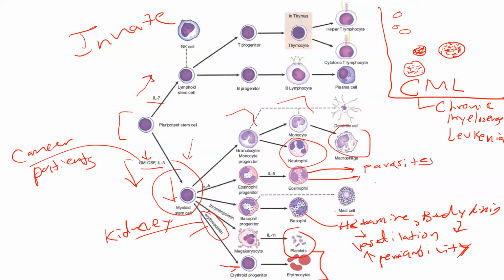It also fights fungus. When you have disseminated fungal infections, fungal pneumonias like coccidioidomycosis or histoplasmosis, all the things you'll learn in microbiology from my videos, most likely, are going to be things that increase your eosinophil count.